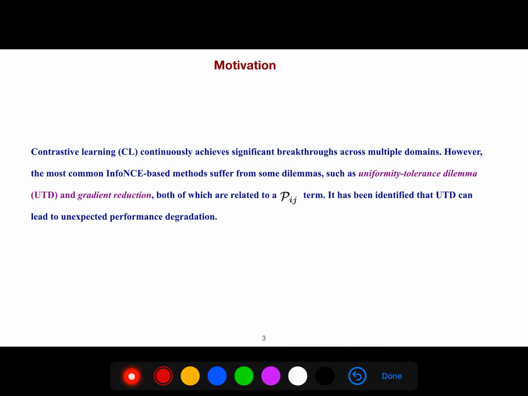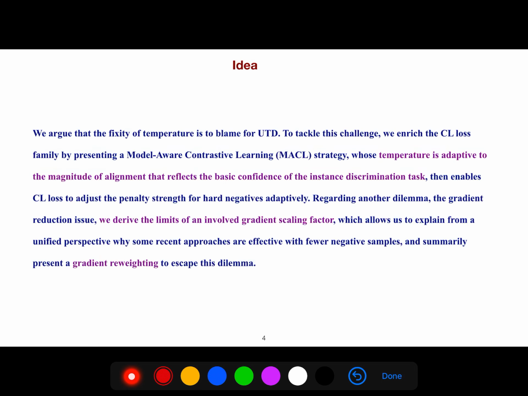However, the most common InfoNCE-based methods suffer from some dilemmas such as the uniformity tolerance dilemma and gradient reduction, which I've discussed in a previous lecture, both of which are related to this term. And it has been identified that the uniformity tolerance dilemma can lead to unexpected performance degradation.